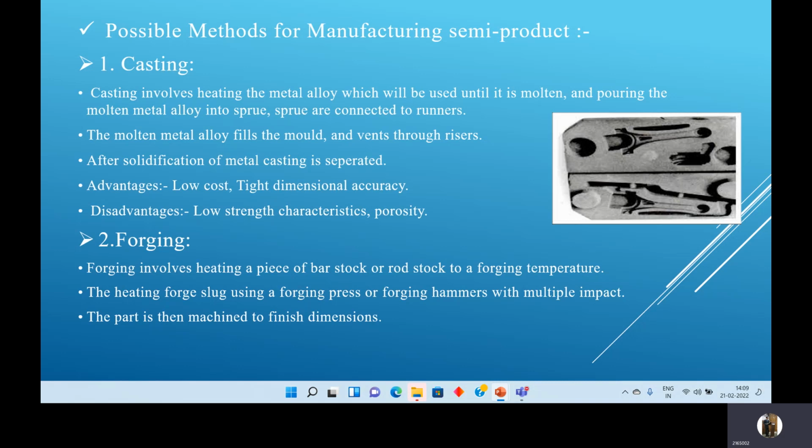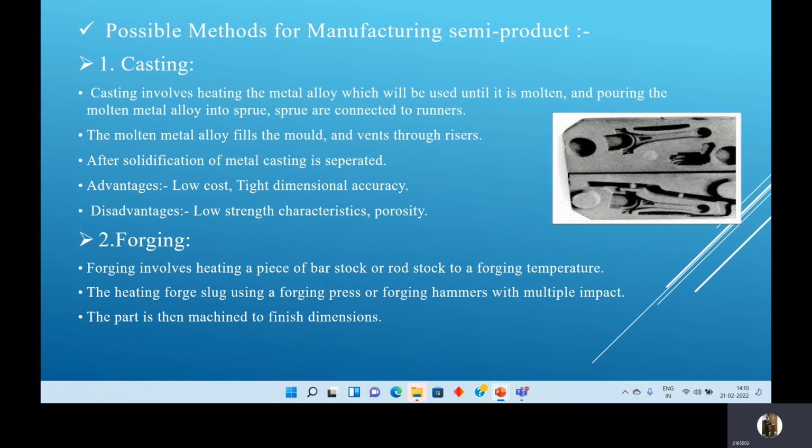The molten metal fills the mold and vents through the risers. After completion, solidification of the metal takes place and the casting is separated. The advantages of casting are low cost and tight dimensional accuracy. The disadvantages are low strength characteristics and porosity.